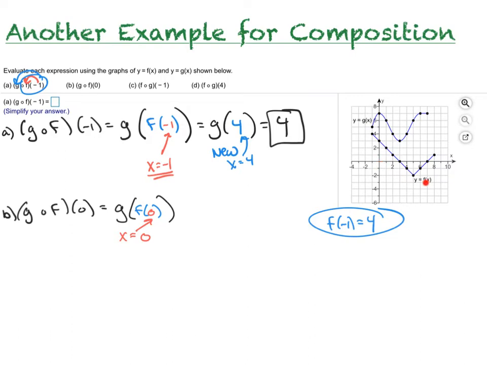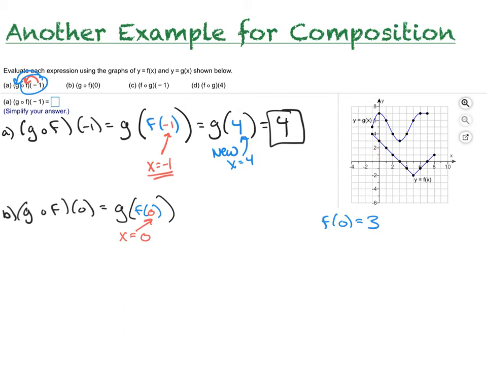Now I'm going to the f graph because that's what comes first. So at x equals 0, it looks like f gives us 4. So let me erase this one because now we're interested in f of 0. Oh, did I say 4 again? I'm obsessed with 4s. It gives us 3. f of 0 gives us 3.